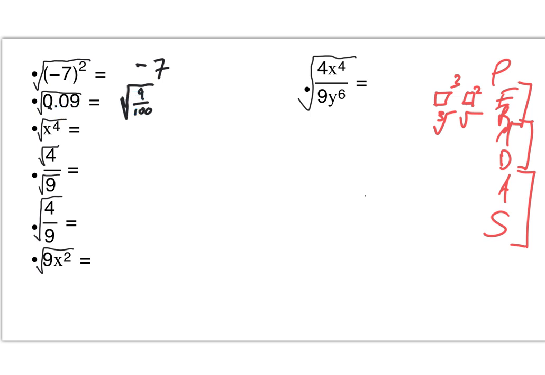The reason why I did that is because I know the square root of 9, and I know the square root of 100. Square root of 9 is 3, square root of 100 is 10. Since we're doing square roots of things, I'm going to make it plus or minus 3 tenths, or 0.3.